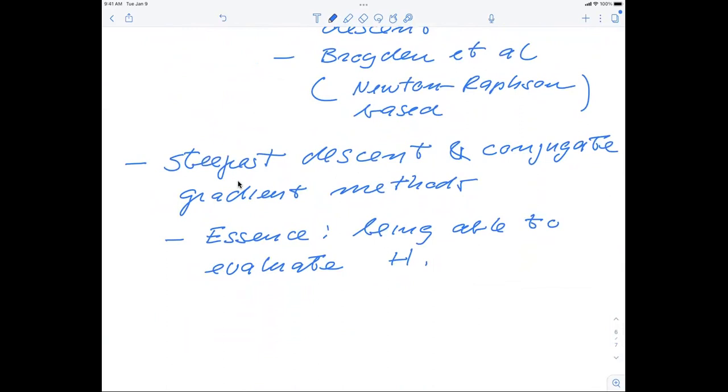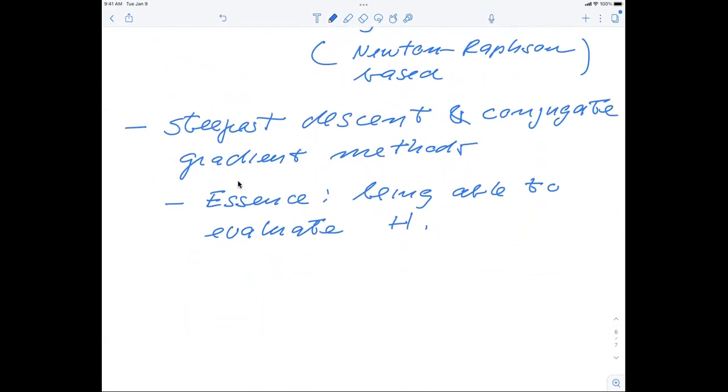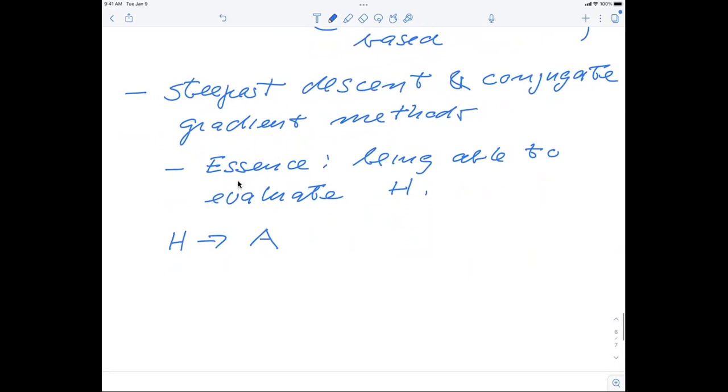Now, what we are going to look at is the problem in a slightly different way. I'm going to replace H with a matrix A, just to make this very general. This leads to a standard linear algebra problem.